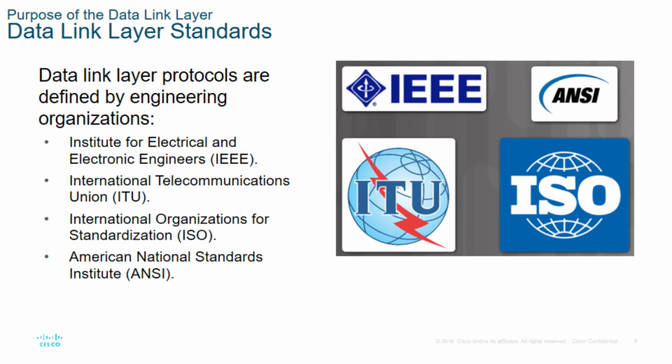The engineering organizations that define open standards and protocols that apply to the network access layer, meaning the OSI physical and data link layers, include the IEEE, ITU, ISO, ANSI, and some other organizations.